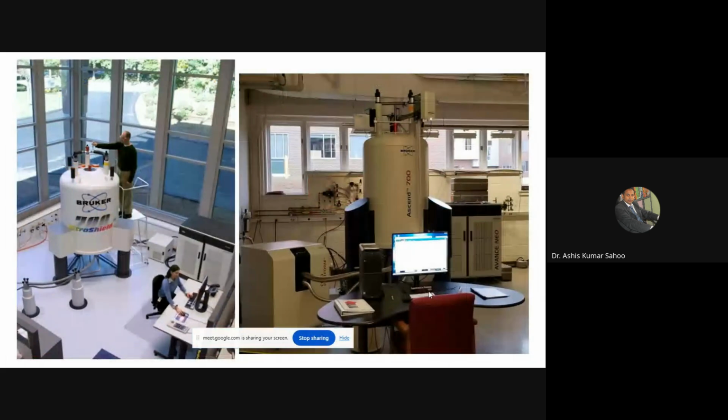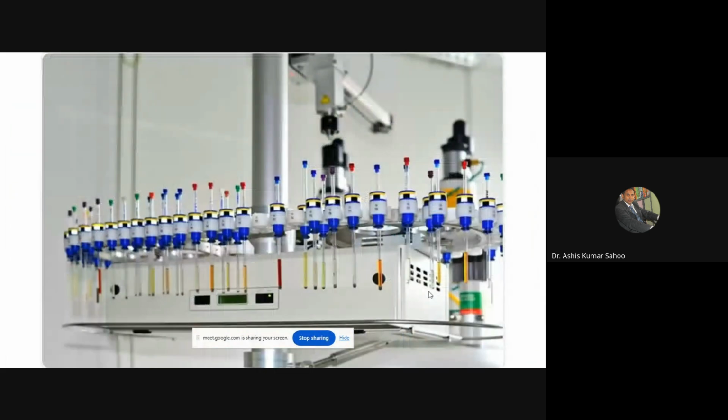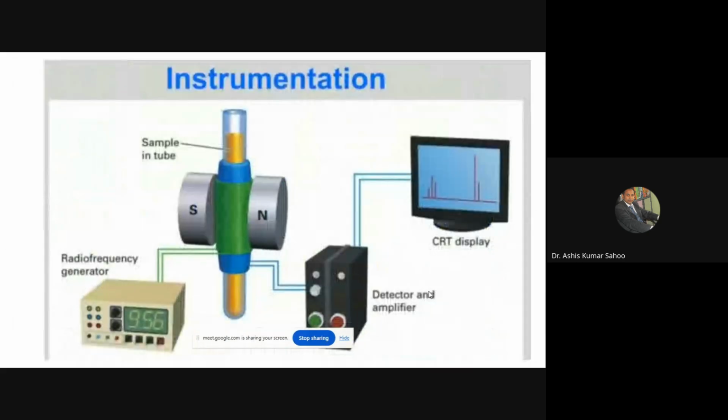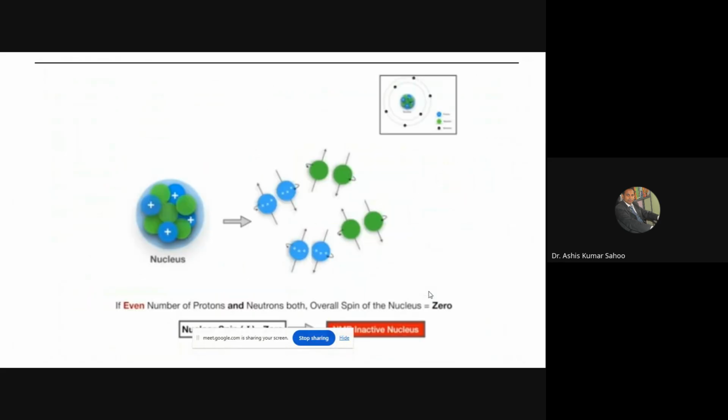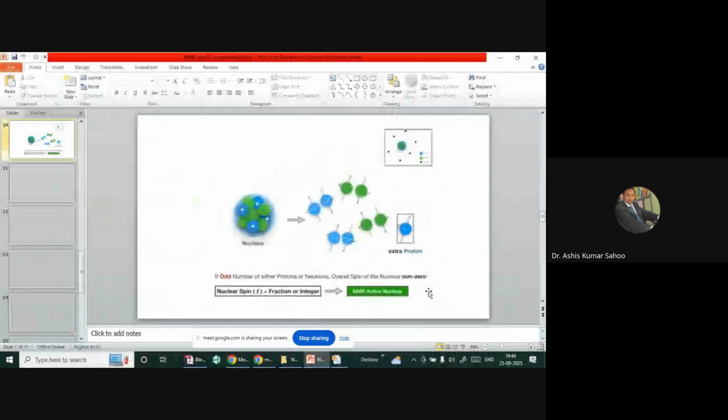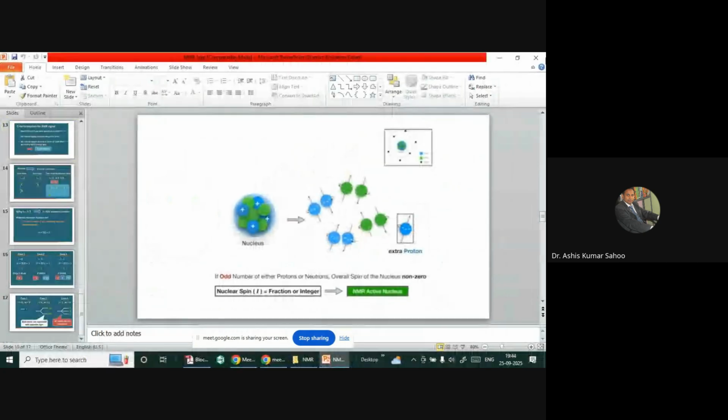This is the instrument of NMR, and this is the NMR tube. We'll see some NMR spectra.